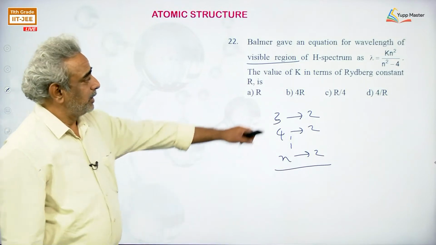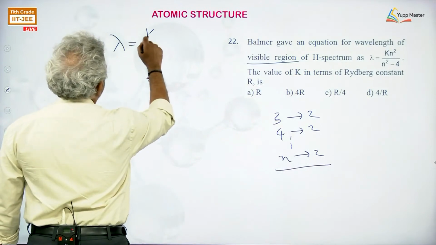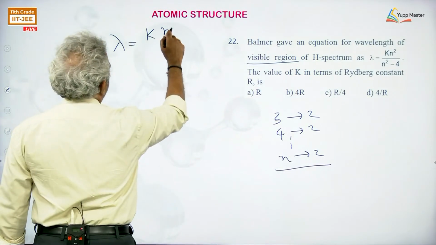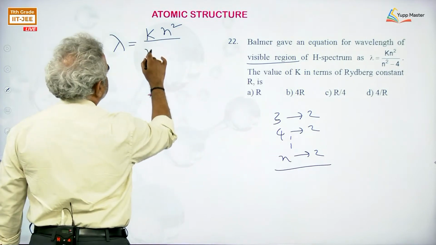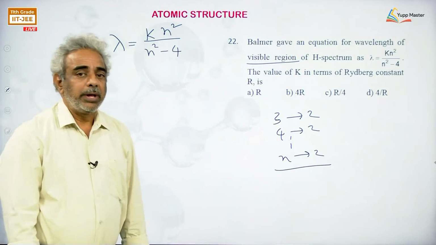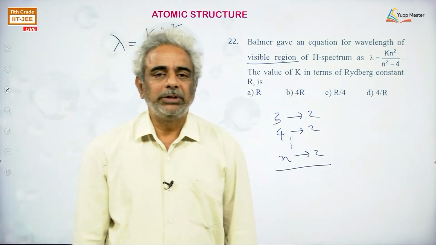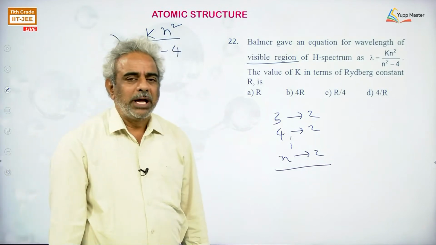He says the wavelength is given by lambda equals k into n square by n square minus 4. Now, he wants the value of that k. And how to calculate lambda as per a transition?